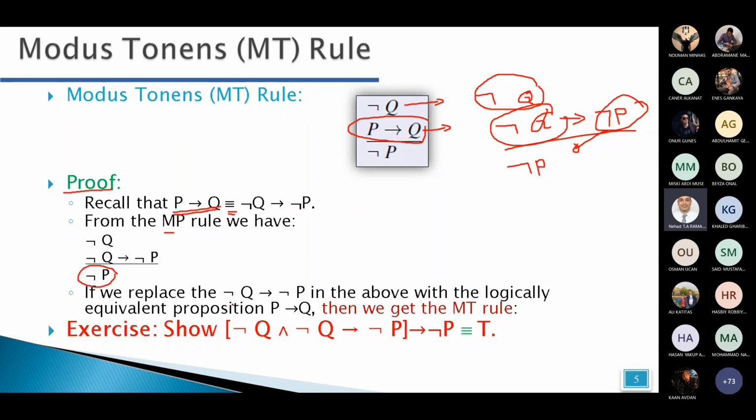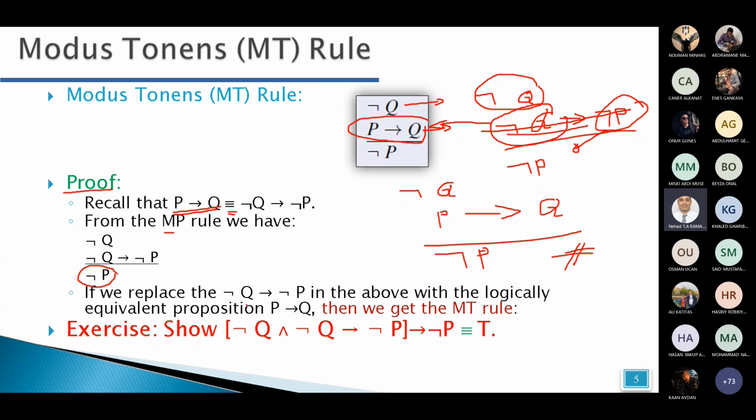Okay, now return this statement as it was. Instead of this, get the original one. Then we get that not Q and P implies Q actually gives us not P. And that's what we need. So we prove that the MT rule is correct.